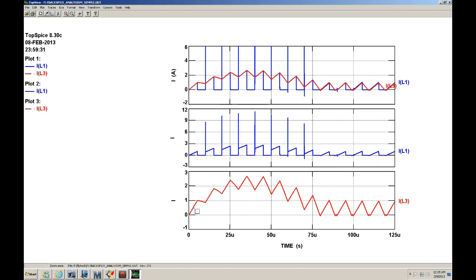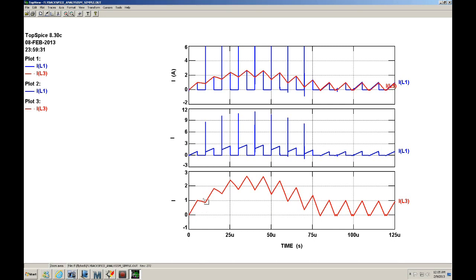That means the MOSFET is on, and then on the downward slope the energy is being released, meaning that the MOSFET is off. But if you notice, it's got current. It did not release all of the current. And it keeps going up, up, up, and it doesn't come back to zero until about 80-something microseconds.